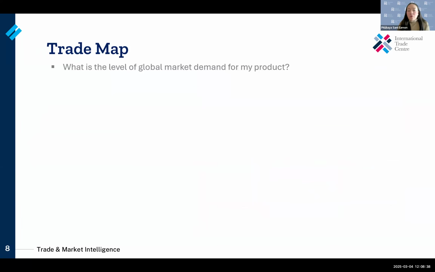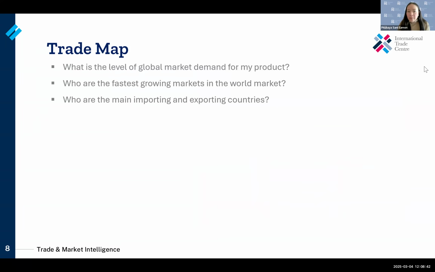In TradeMap, you will be able to answer the following questions. For example, the level of global market demand, a total global demand in terms of value as well as volume. Then you will know what the fastest growing market in the world is, thanks to our trade indicators, because it's not enough that we just provide you the data that we have collected.